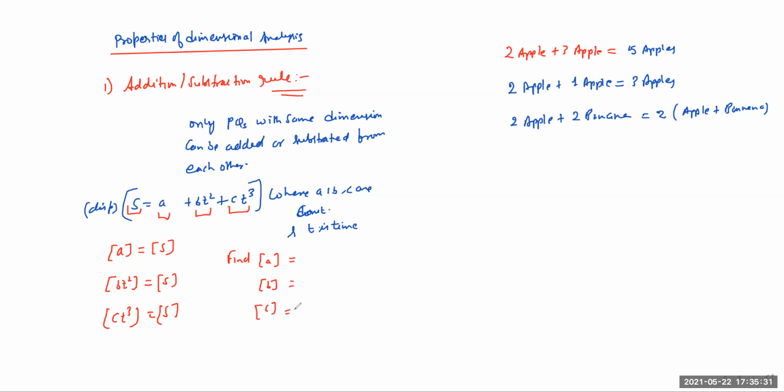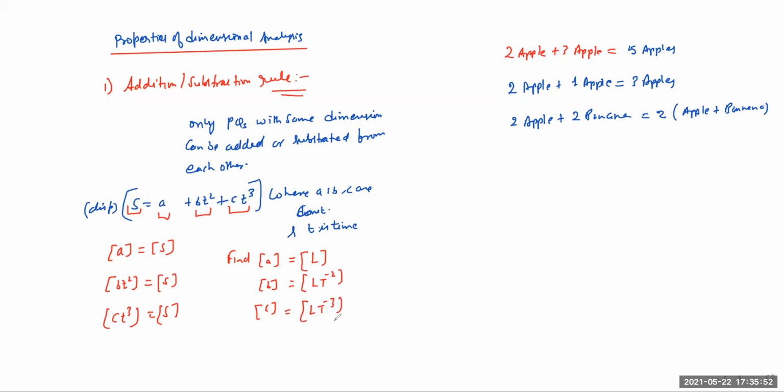Yes, sir. A is length. Then B is length upon time raised to -2. And C is L into T raised to -3. Very good.